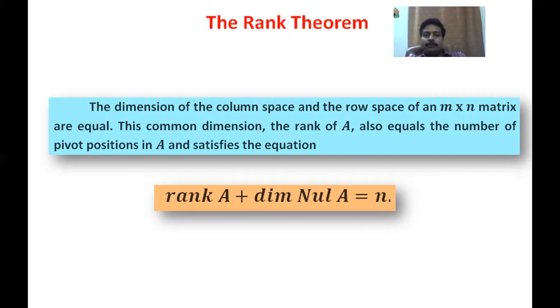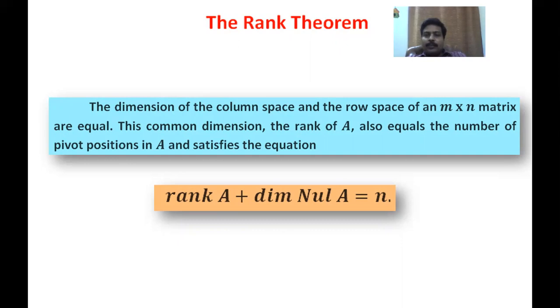So with this theorem, with this statement, we can find rank A and dimension of null A, dimension of column space A, dimension of row space A, and dimension of row space A transpose, dimension of column space of A transpose. All these things, if the order of the matrix is given, then we can find the n, and if we convert that into echelon form, we can find the pivots.